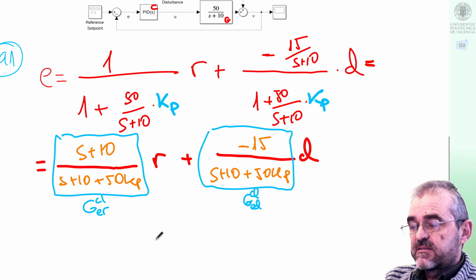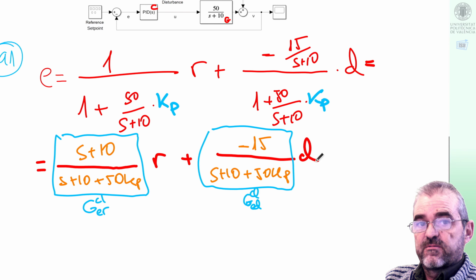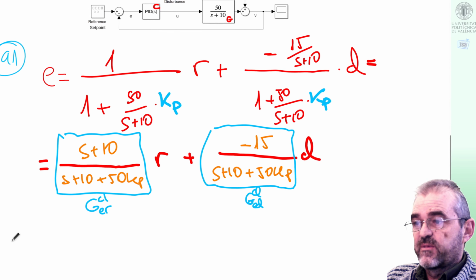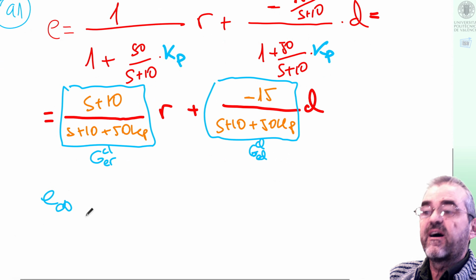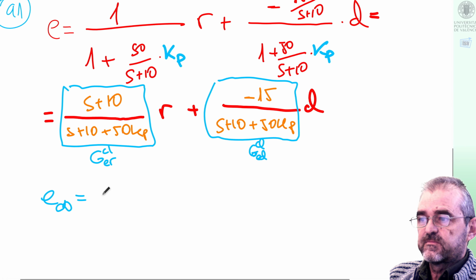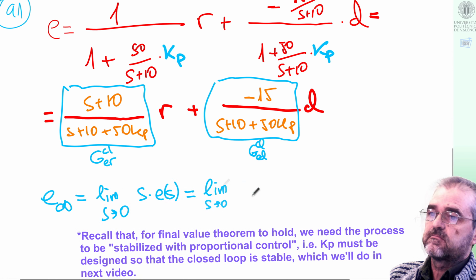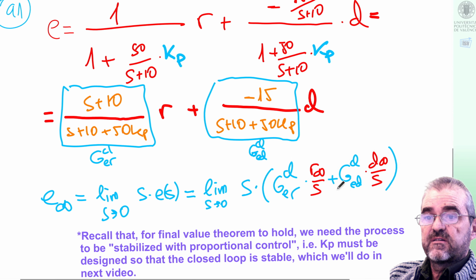Next thing that we were asked was the final value when setpoint and disturbance have some step shape. Well, in that case, from the concept of DC gain, we know that E final value, let me call it E infinity, will be this thing, final value theorem, and of course, if setpoint and disturbances are steps, then the Laplace transforms are the things in red here.